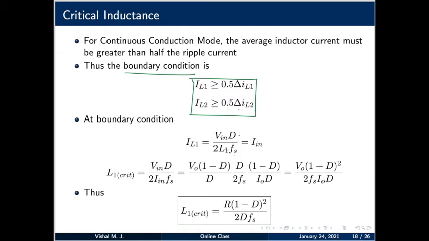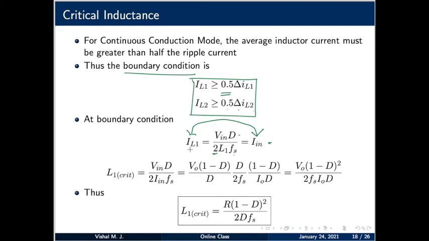So, Vin dTs by L1 becomes Vin d by L1 Fs. Half, this 0.5 becomes 1 by 2, that is why this 2 appears here, that is equal to Iin. This we have already seen. Input current is same as the inductor current. Similarly, output current is same as IL2. This result we have already seen.